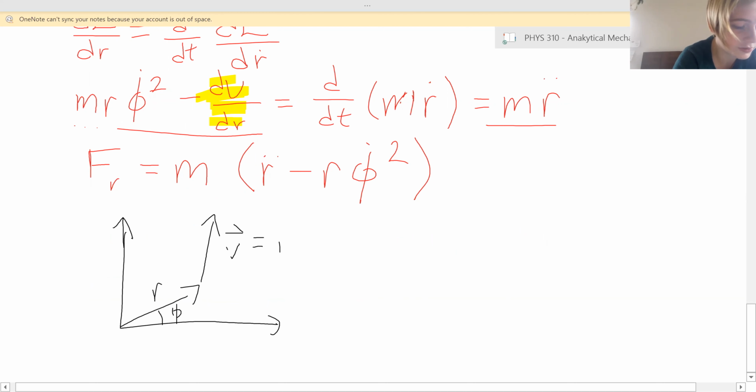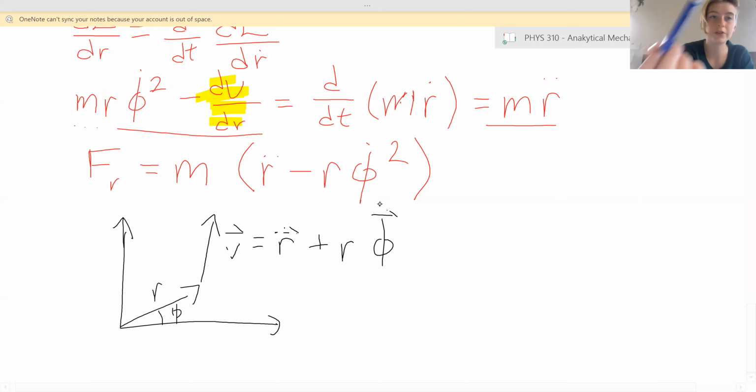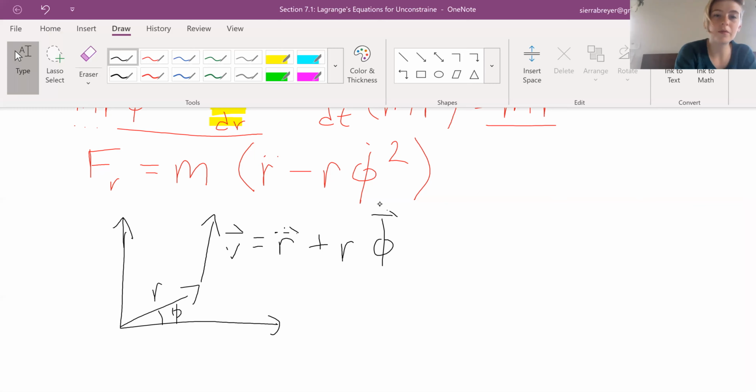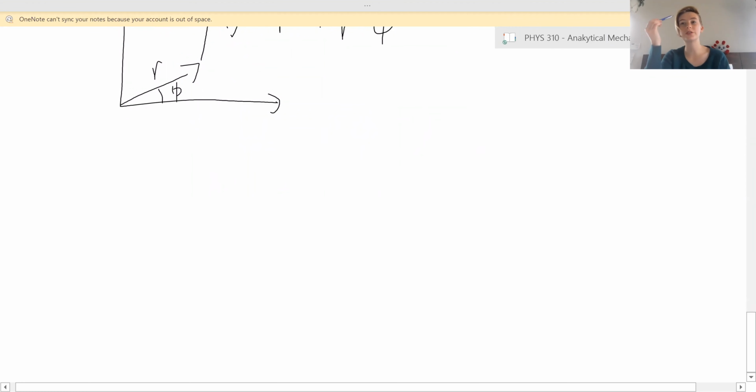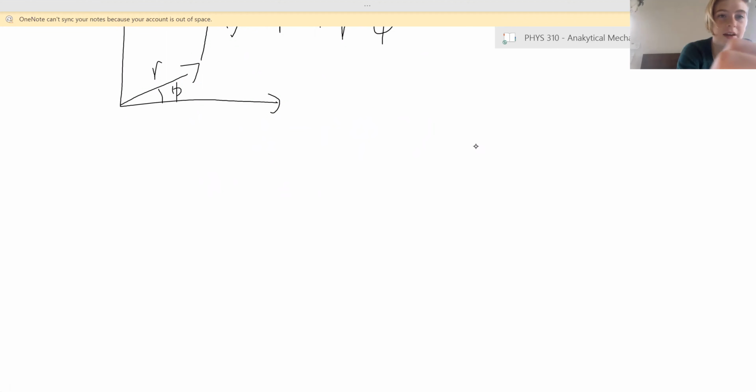And it's going to be equal to r dot as a vector plus r times theta dot as a vector. So it just sort of produces a different thing of like, this is how your radius will expand or contract. It's an interesting kind of thing to put in there, and it's weird to conceptualize, and that's why it's nice to have the Lagrange equation to help you deal with it.